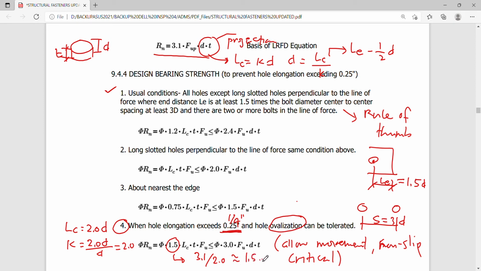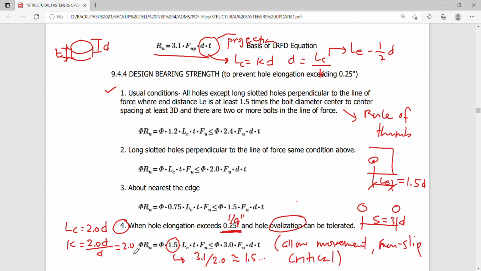What I'm trying to tell you, class, is that if my LC is 2D, then my LE is slightly bigger than 2D, and the rule of thumb is more conservative because this is only 1.5D. This is greater than this one here.